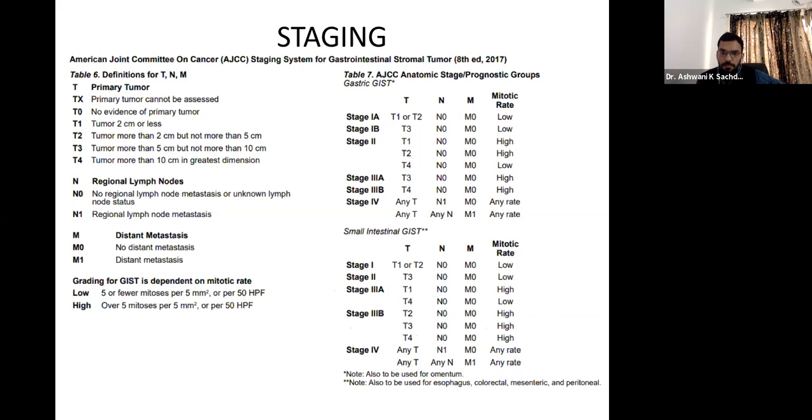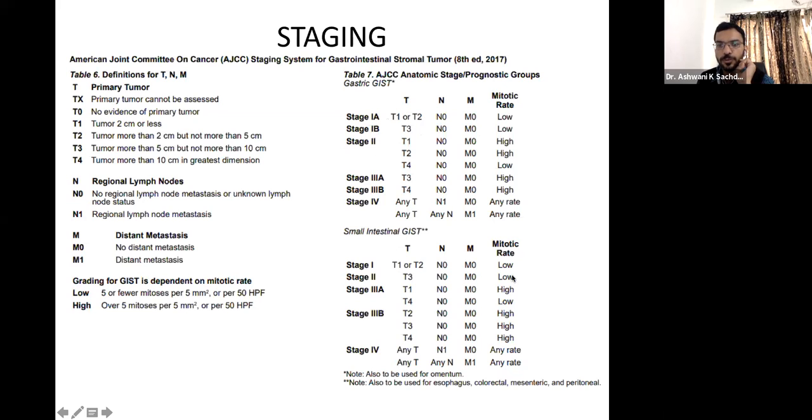tumors. If you compare small intestinal GIST with gastric GIST, for stage comparison, size to mitotic rate comparison, small intestinal GIST have higher stage than gastric GIST. So T1, T2 tumor with low mitotic rate are stage 1A as compared to stage 1 in small intestine, and T3 low mitotic rate is only stage 1B.